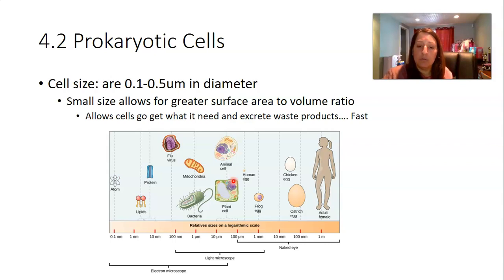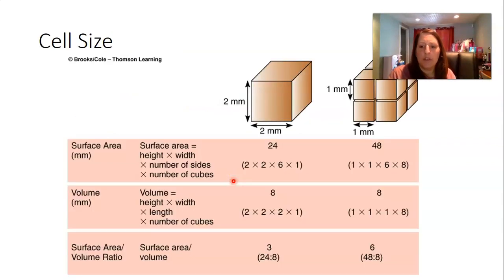If our cells grow too large, there won't be enough surface area, enough membrane, to handle the demands of the cell. So we want to keep a high surface to volume ratio. We want to have a lot of plasma membrane present to bring stuff in and to get rid of stuff so that the cytoplasm of our cells can remain efficient. Okay, and that's why our cells haven't gotten so big.